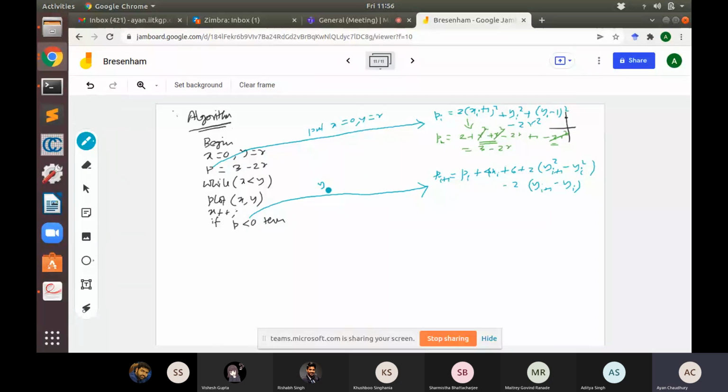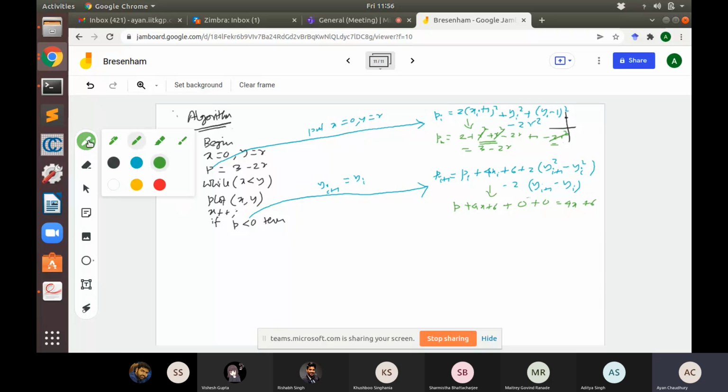If pi is less than 0, what we do is we just put yi plus 1 is equal to yi, because we are choosing the first case, less than 0. So in this case we do it like this: p plus 4x plus 6 plus 2 of, no, sorry, it should be 0, plus 0, so it means 4x plus 6.